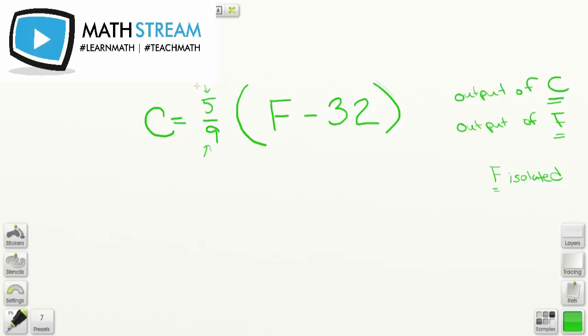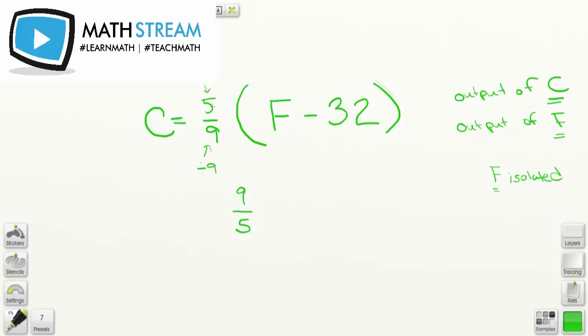That's technically what we're doing. So if we want to undo that, we want to multiply by 9, put it on the top, and divide by 5. So I want to multiply both sides by what we call the reciprocal of the fraction.